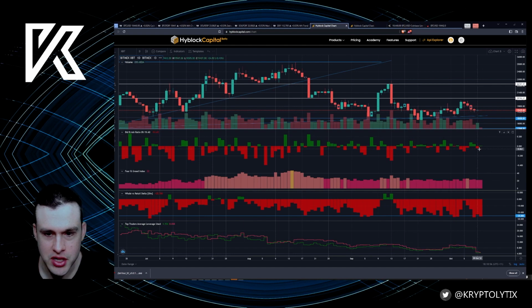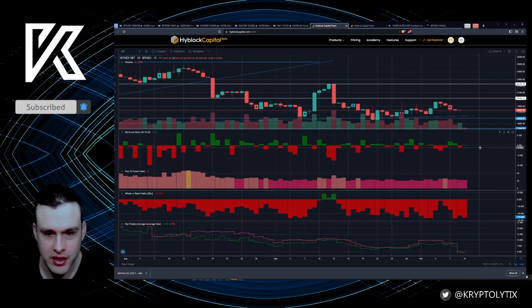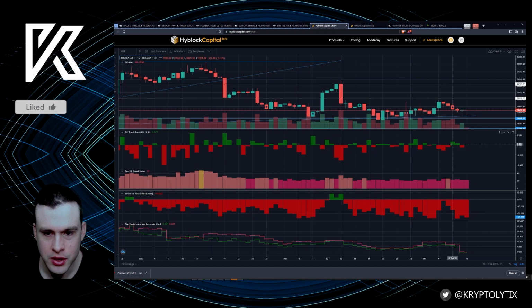This is the bid-ask ratio. This is basically just showing you the bias on any given day between where most of the bids and asks are within 1% of price. Generally, this is better used on a lower time frame. I've got it on the daily right now, so it's not as helpful. You could see it as potential liquidity hunts.